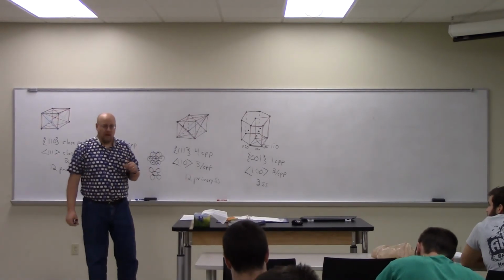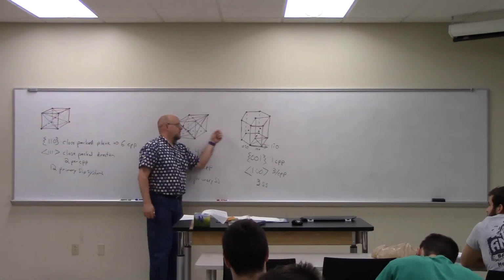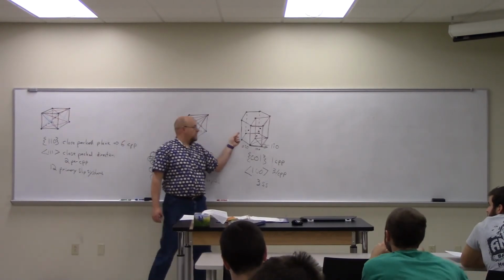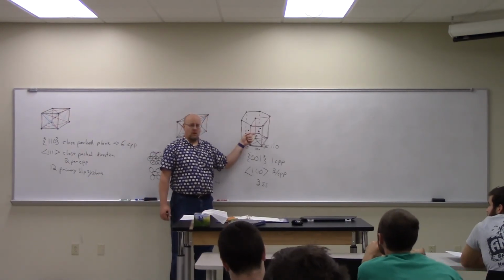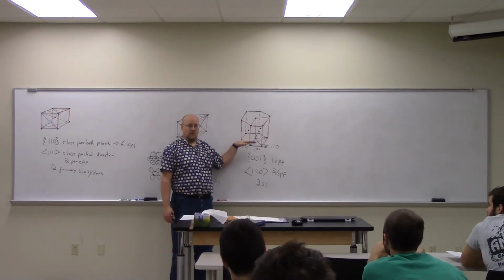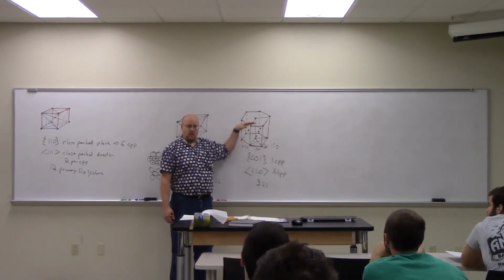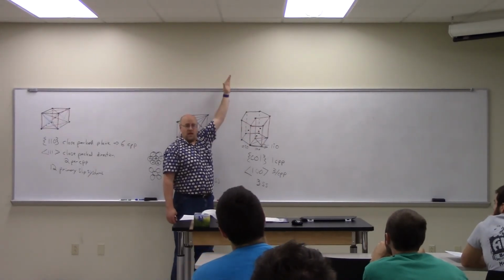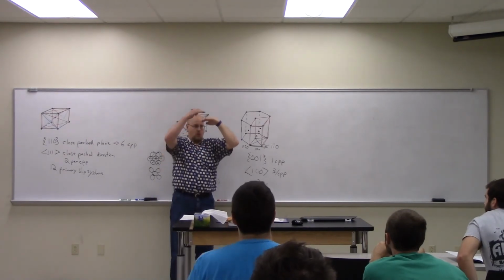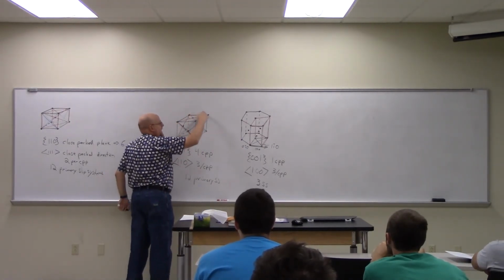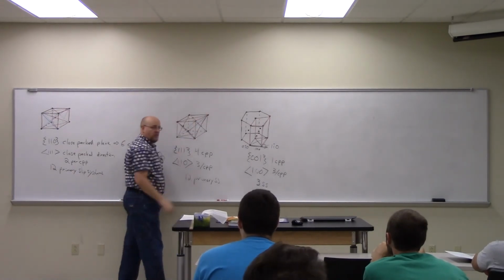The reason for that, even though both of these are fully densely packed, is because these 3 in the center have a different orientation, but the top and the bottom have the same. So it's A, B, A, B, A, B, or it could be A, B, A, C, A, B, A, right? But there's an A every other one. Here, we have A, B, C, A, B, C, A, B, C as we stack them.